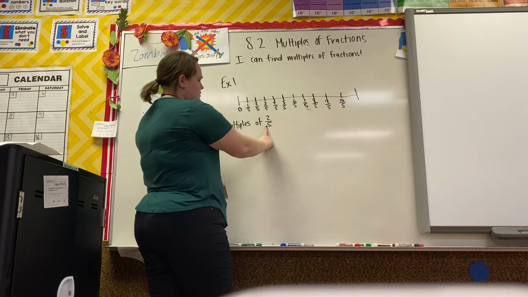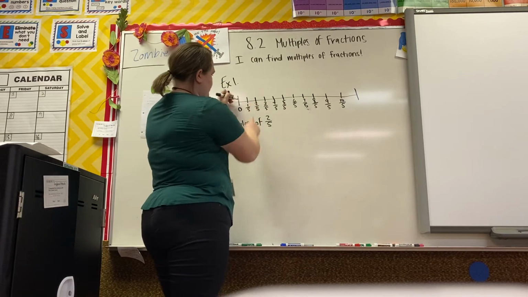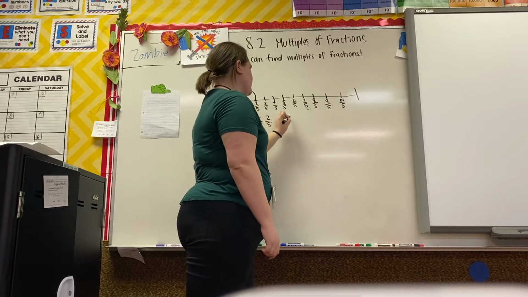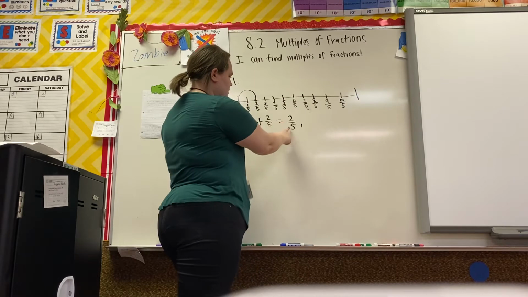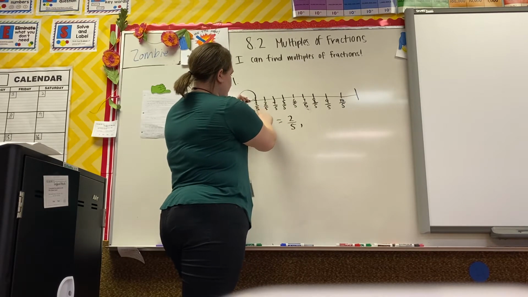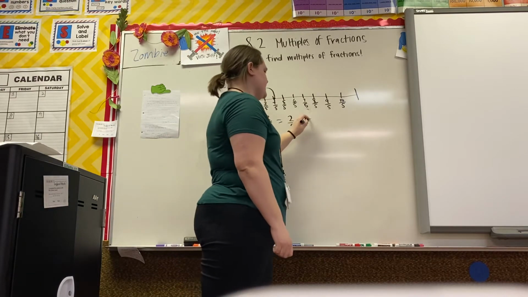We're gonna find multiples of 2/5, so we start at 0 and we're gonna jump 2, okay? And so my first one would be 2/5, because I've gone 2 out of 5. Then I'm gonna jump again, okay, and I'm gonna jump 2. So another 2 gets me to 4/5.